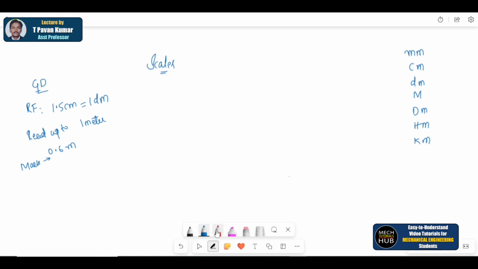I'll change the colors and write RF. I'm trying to calculate RF now. RF is equal to, already given, 1.5 centimeter by 1 decimeter. Okay, 1 decimeter is equal to how many centimeters? This we would like to see. So 10.